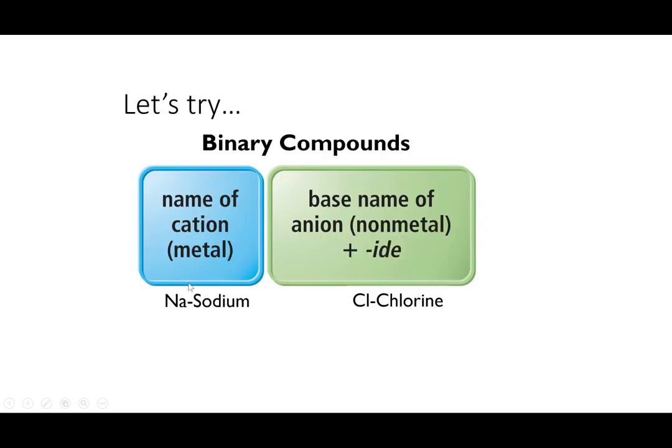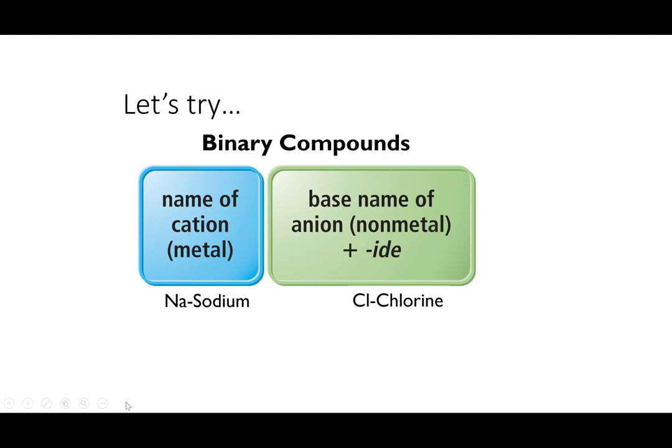So let's systematically go through our sodium chloride example. Everybody knows that sodium chloride, table salt, is called sodium chloride. Let's systematically go through and see how we came to that. Sodium is Na, so we write the name of the metal, sodium. Cl is our nonmetal, so that's chlorine.